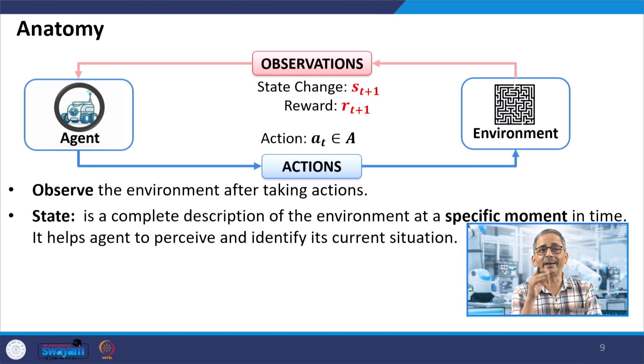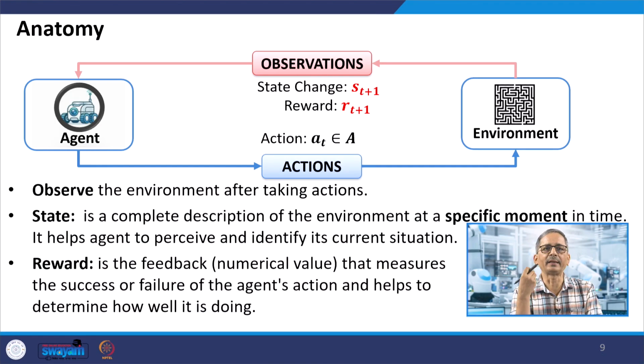It helps the agent to perceive and identify its current situation. Then the reward is basically the feedback. Here we are looking at some sort of numerical value that measures the success or failure of the agent's action and helps to determine how well it has done.